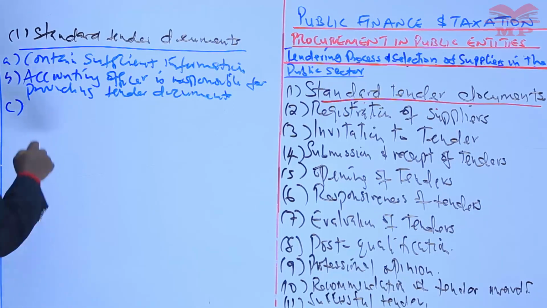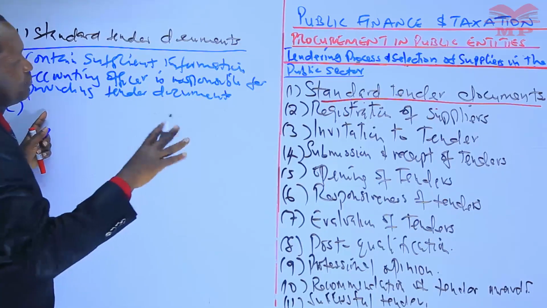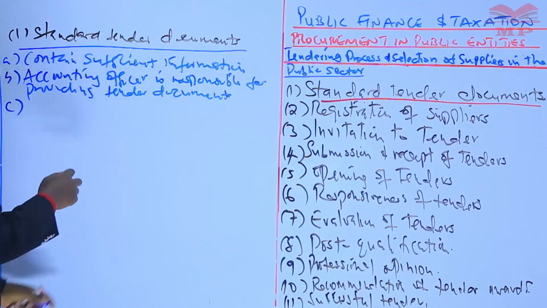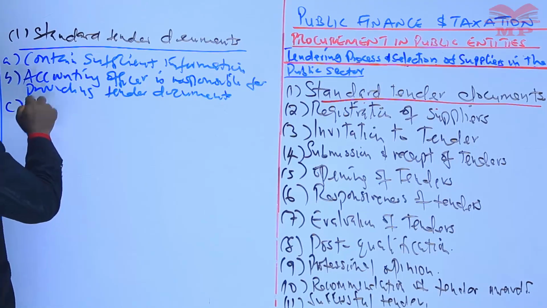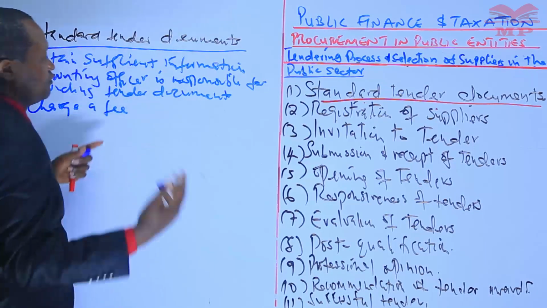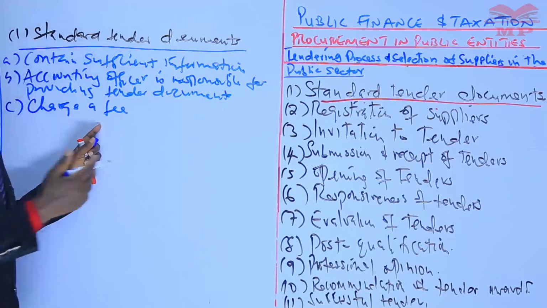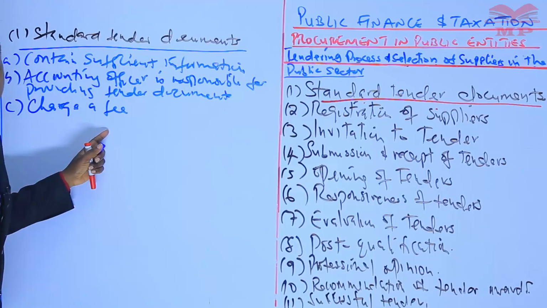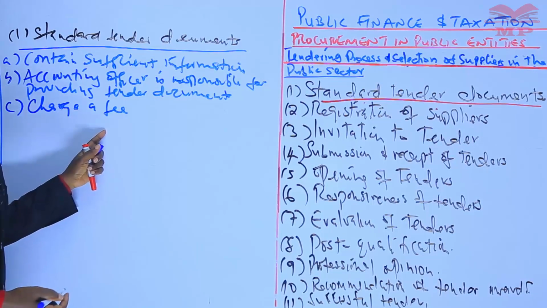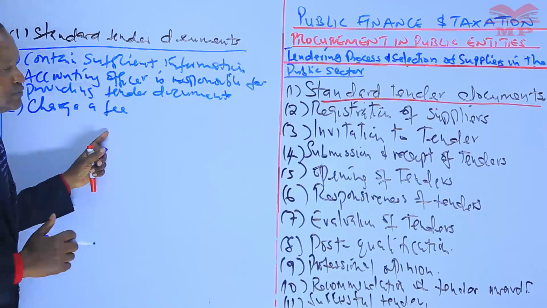Part C is that the one applying for tender may be expected to pay a fee. The procuring entity may charge a fee for obtaining the standard tender documents, as prescribed by regulations.